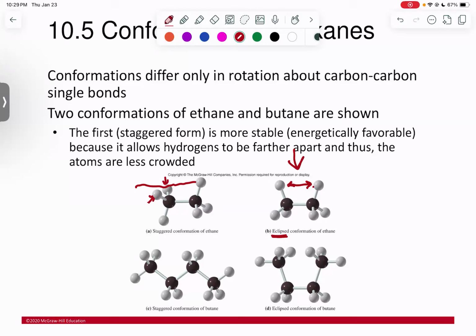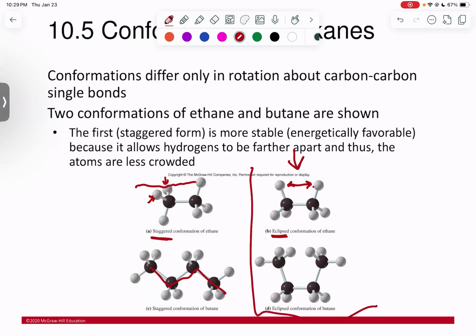So they're a little bit farther apart. They're less crowded. The atoms are less crowded. And we call it the staggered conformation. So if we were to continue to add atoms, we see this staggered conformation because the atoms are trying to get as far away from each other as possible because they're surrounded by electrons that are all the same charge.